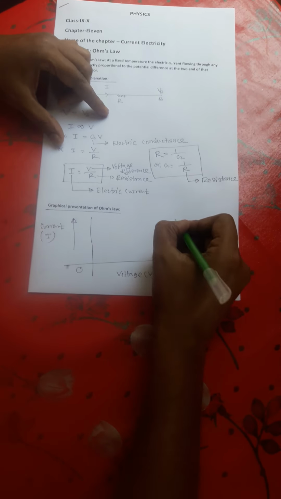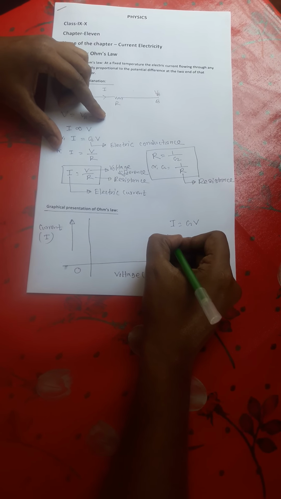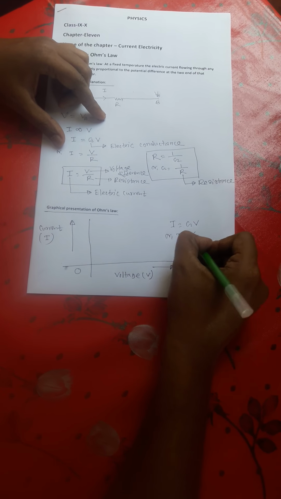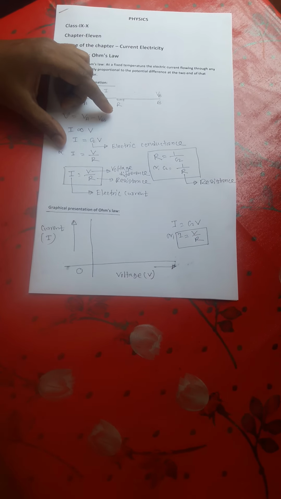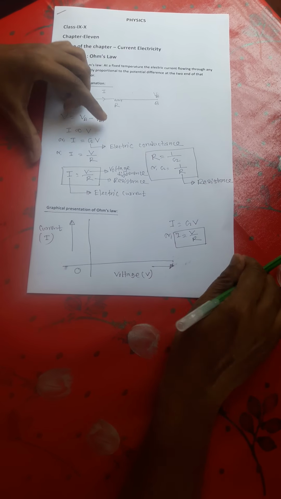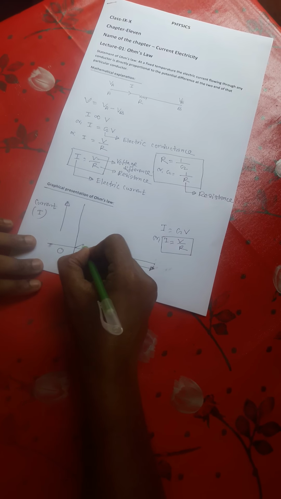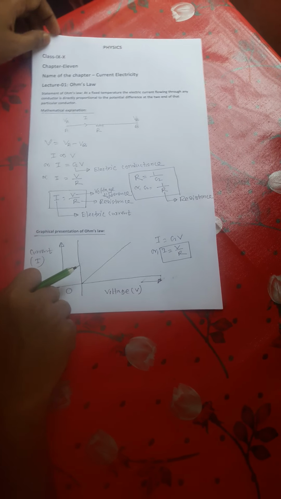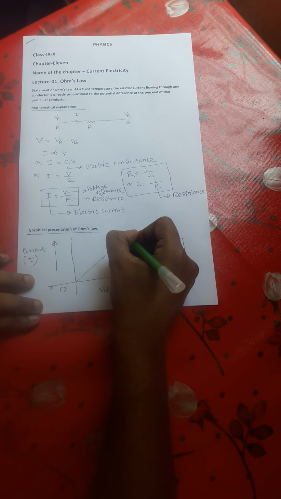Now, I equals G into V, or I equals V divided by R. So I is directly proportional to V, and following this equation, the graph must be a straight line passing through the origin, say from point O to A.